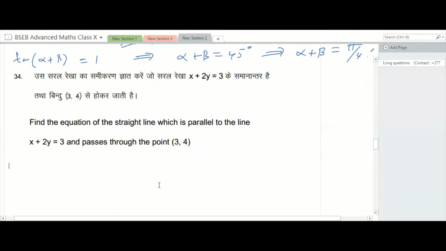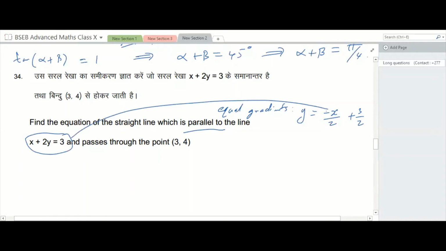Find the equation of the straight line which is parallel to the line x plus 2y. So because it says parallel, equal gradients, and if the gradients are equal, we have y is equal to minus x over 2 plus 3 over 2, looking at this equation coming there.